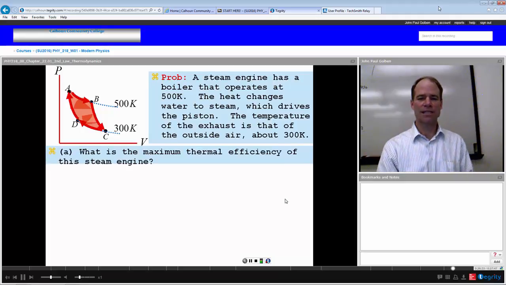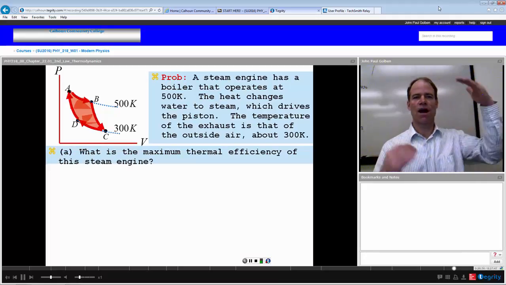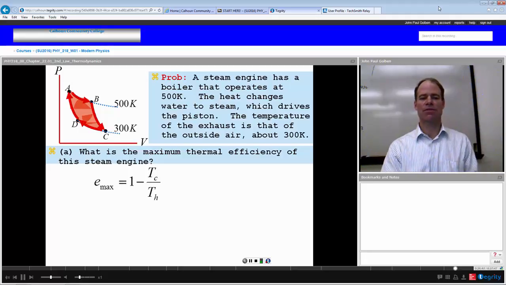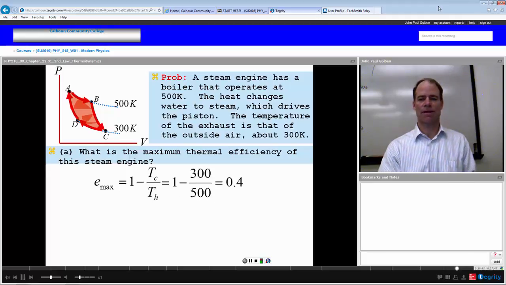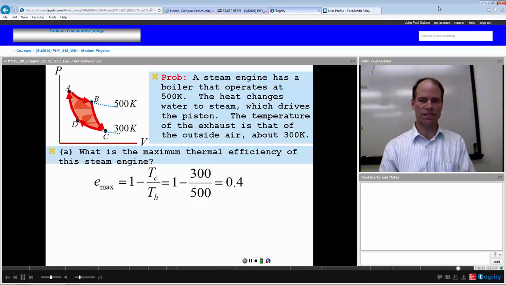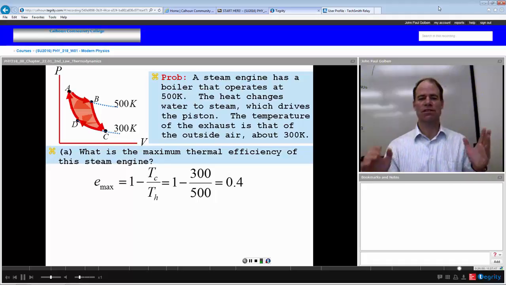What is the maximum thermal efficiency of this steam engine? We have a hot reservoir and a cold reservoir, and our maximum efficiency is the Carnot efficiency, 1 minus the cold temperature over the hot temperature. 1 minus 300 Kelvin over 500 Kelvin is 1 minus 0.6, or 0.4. The maximum thermal efficiency of this engine is 40%.